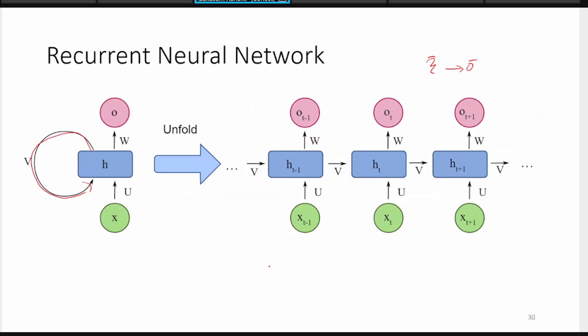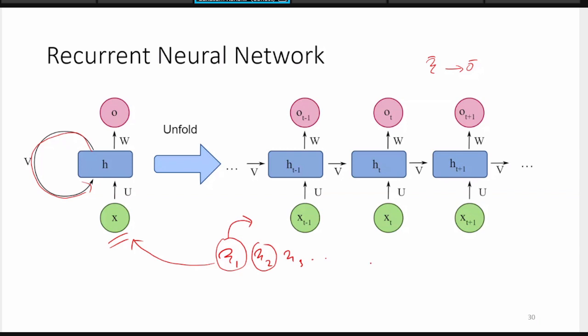Now, as I said, your input is going to be sequential: x1, x2, x3, and so on. When you start from the first input sample, you give x1 into this model. Then when you give the next input x2, you will take the output from x1 also as input to the next step.